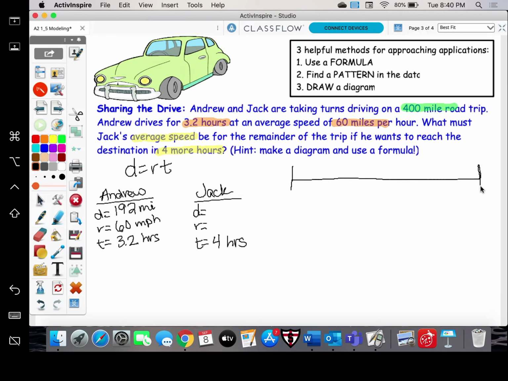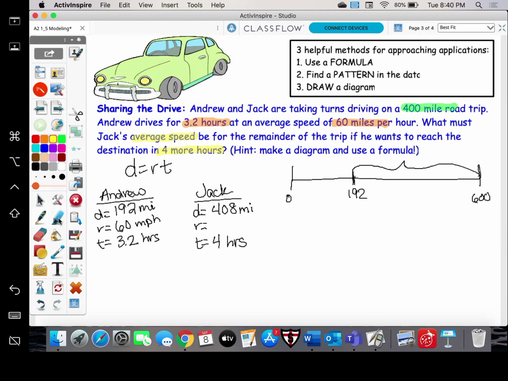Well, if they're starting here and they're going 600 miles, and Andrew stops here at 192, how many miles does Jack get to drive? Did you figure that out? He gets to drive 408 miles. Okay, I did that by taking 600 and subtracting 192. So Jack is going to drive 408 miles.